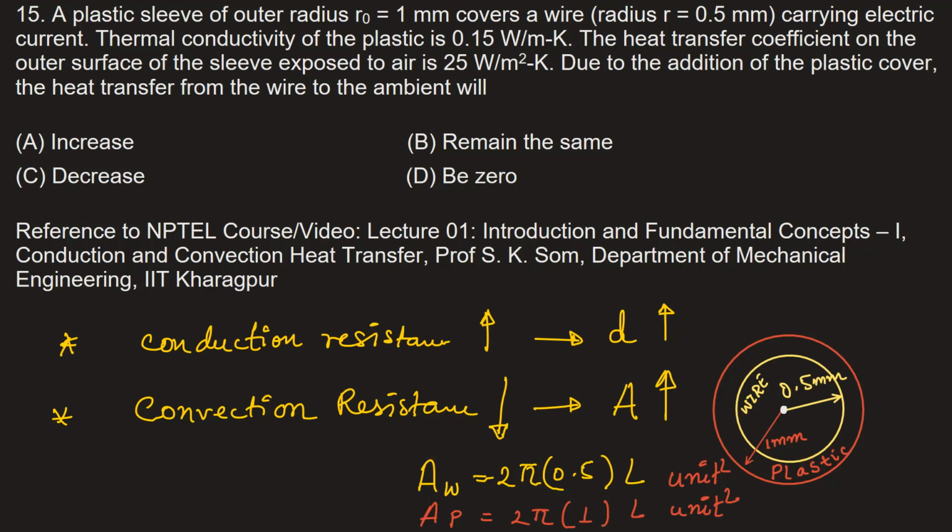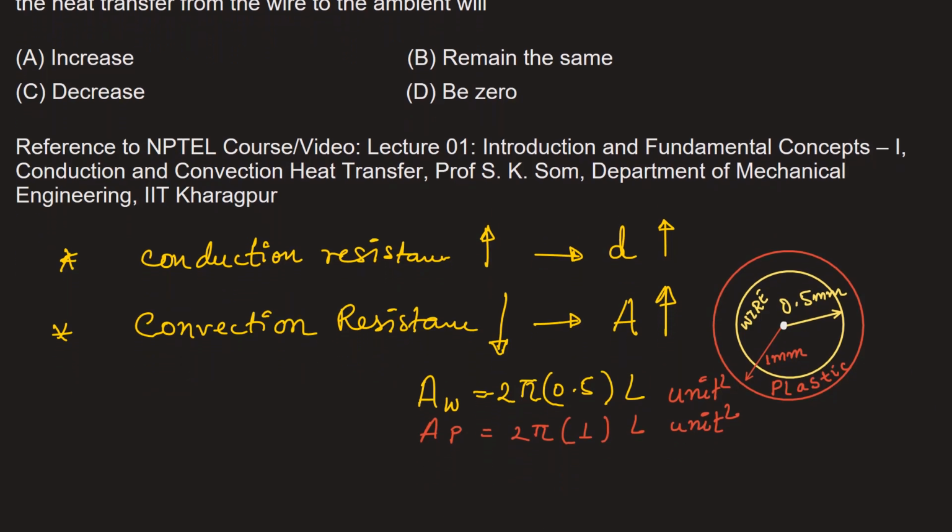Therefore, there is a critical thickness of the insulation at which the heat flow through the cross section is maximum, but beyond this thickness there will be a reduction in heat transfer. So let's write the statement here.